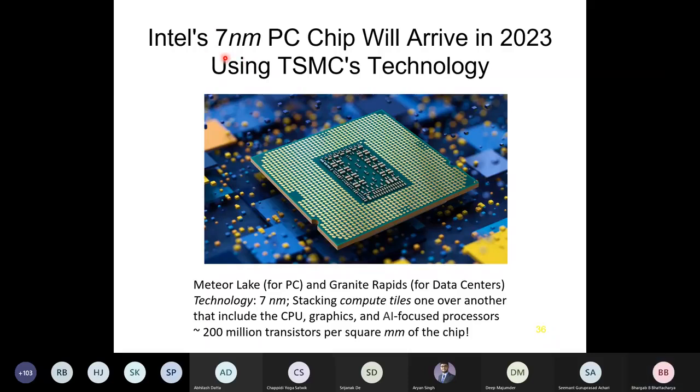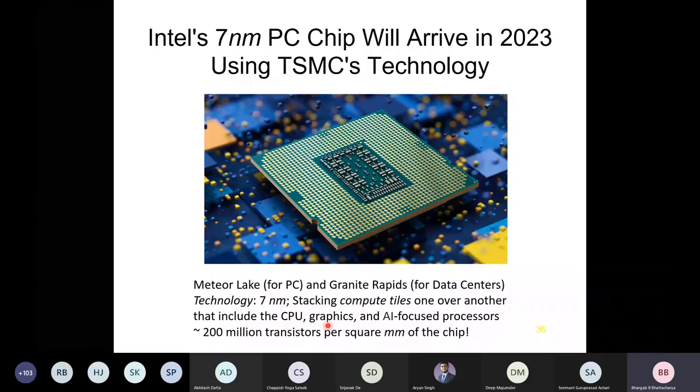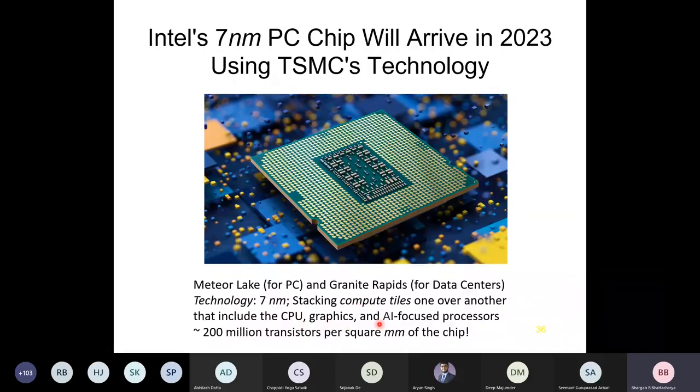It uses stacking technology, one tile over another, that includes the CPU, the graphic unit, and also the AI processors and so on, with approximately 200 million transistors per square millimeter of the chip.